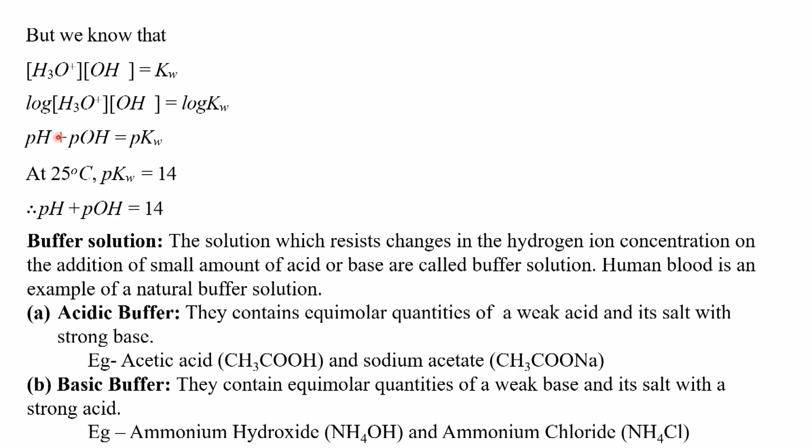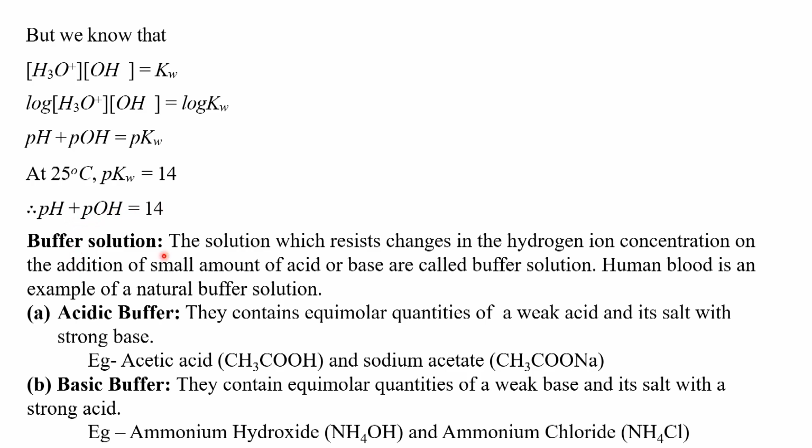If we consider the minus sign, we get this is pH, this is pOH. So minus log base 10 of the concentration of H3O plus gives pH, and minus log base 10 of the concentration of OH minus gives pOH, and this side gives pKw. At 25 degrees Celsius, pKw is 14. So pH plus pOH gives 14.